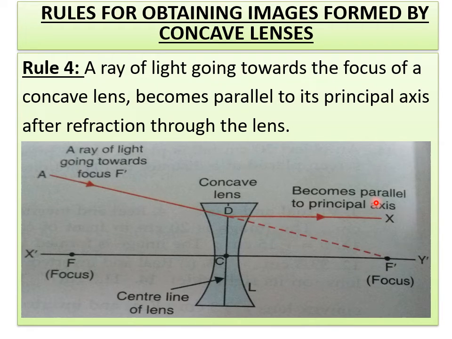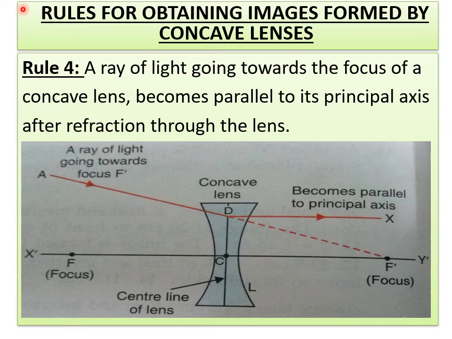This is similar to your second case, a ray which is parallel to the principal axis appears to come from a focus. Just the converse of that rule. So here also same thing. These things you don't forget, children. A ray of light going towards the focus of a concave lens becomes parallel to its principal axis after refraction through the lens.